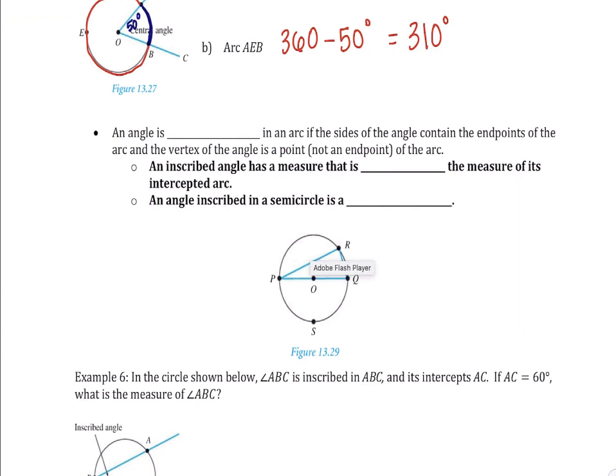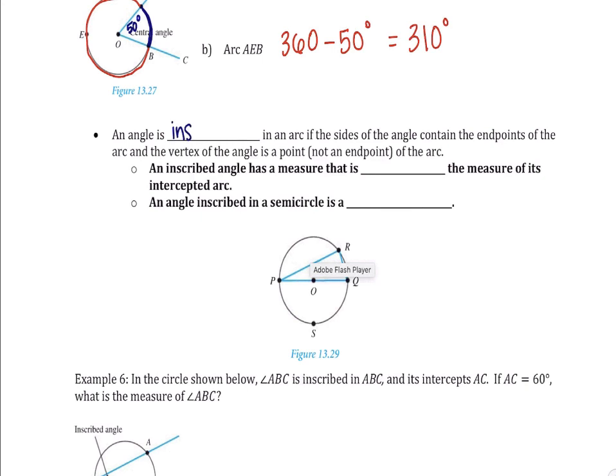Then there's one last type of angle that we can have here in circles, and we can have what's called an inscribed angle. For an angle to be inscribed, then the sides of the angle have to contain the endpoints of the arc and the vertex of the angle that's a point of the arc.